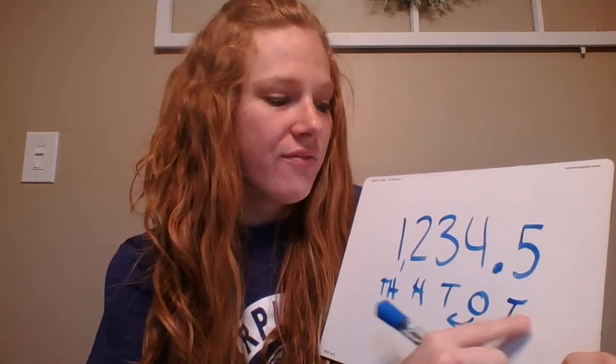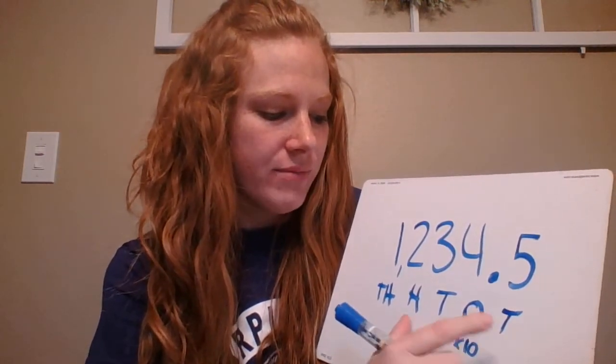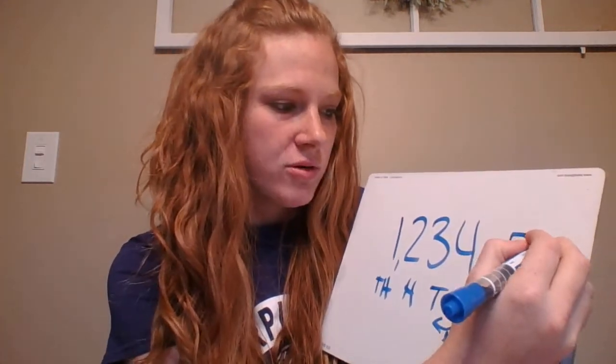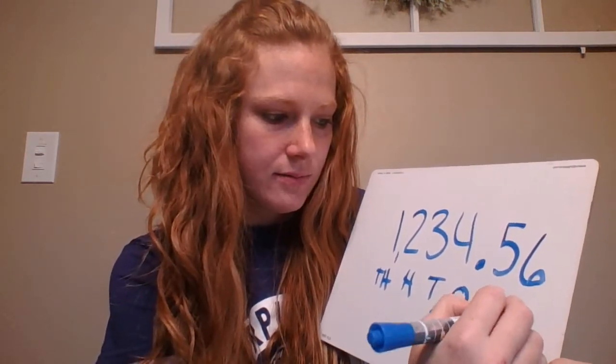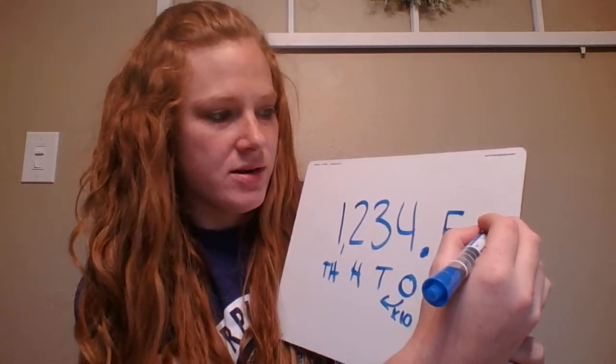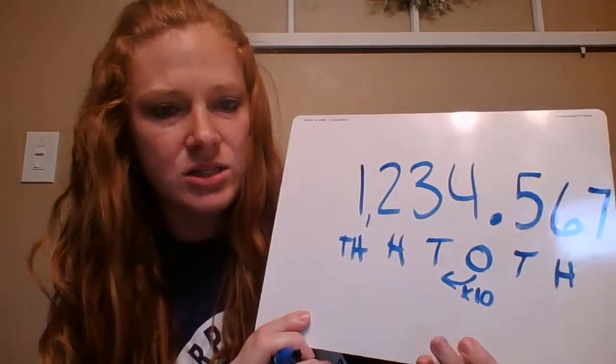Okay? So if this were the tenths and we're going to mirror the opposite side, what would be the next digit if this were a 6? If this were a 6, it would be the hundredths place. And if there were one more digit, sorry, I'm running out of room, say there was a 7 there, what do you think the next digit would be?